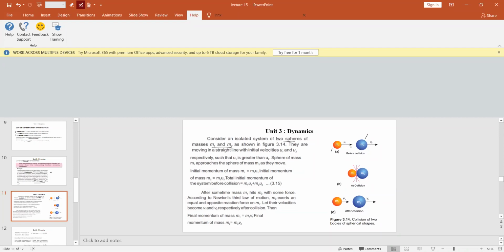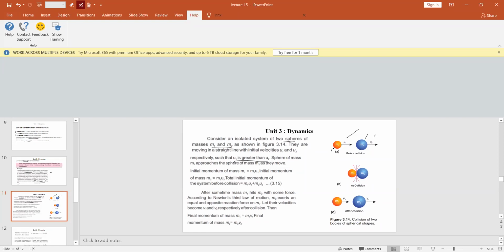These arrows show that they are moving in a straight line, and their initial velocities are u1 for mass m1 and u2 for mass m2, right? And the condition given here is that u1 is greater than u2. The velocity of mass m1 is greater than the velocity of mass m2, right?